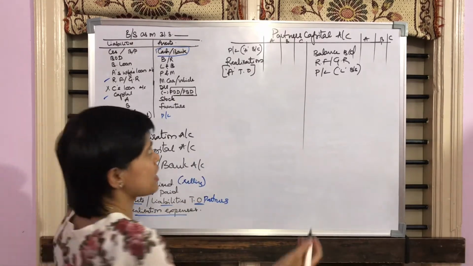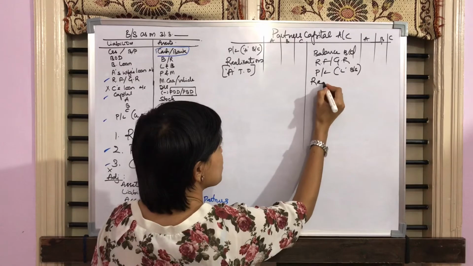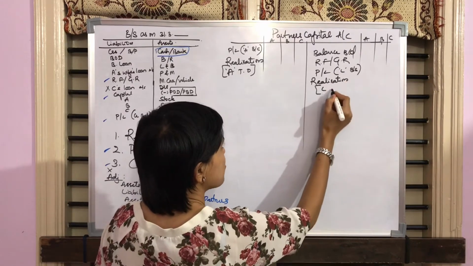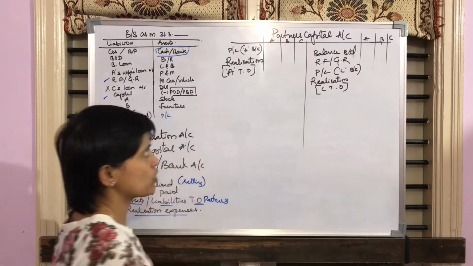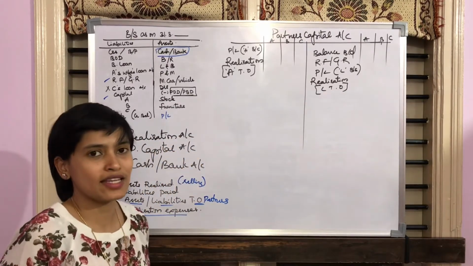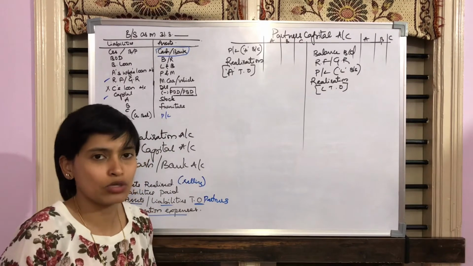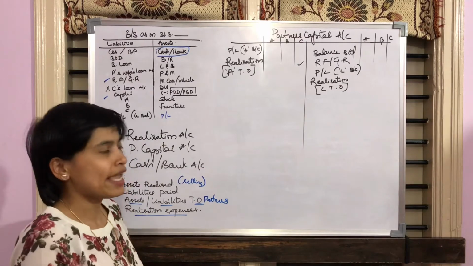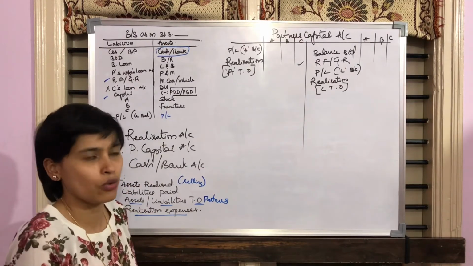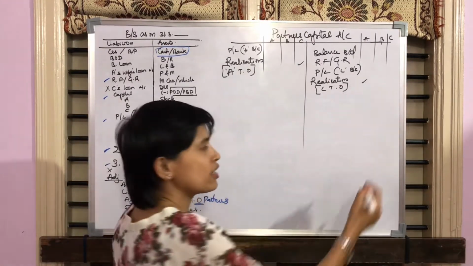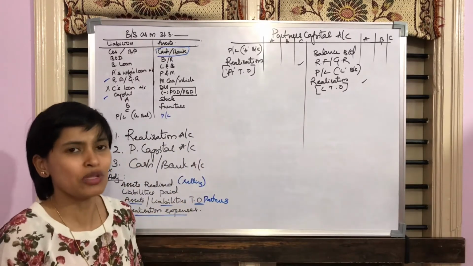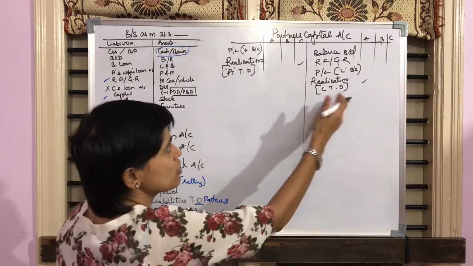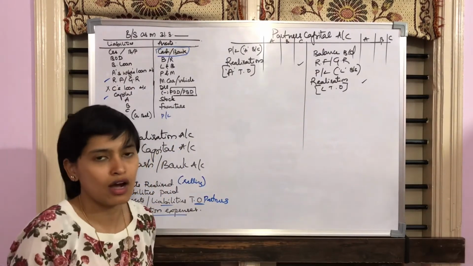If a liability is taken over, it is the opposite direction: realization account, in bracket liability taken over. In the example I said that C is taking over the motor vehicle, so you will write the amount only in C's amount column. A is taking over the wife's loan, the liability, so you will write it only in A's amount column. So you will see which partner is taking over the asset or liability, and in the respective amount column, you need to write the amounts.